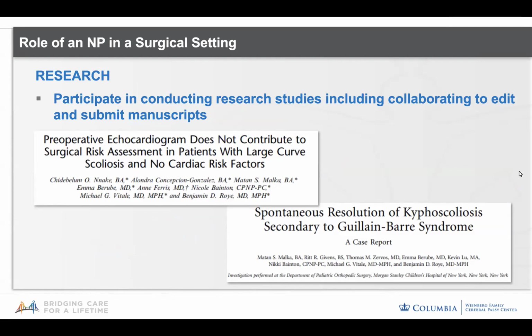So we've actually worked with cardiology to see if patients truly needed to see cardiology prior to some surgeries. And we found that some of the patients didn't really need to be seen. So we were saving them a visit. Obviously people with cardiology problems need to see them, but for some of our patients, we were trying to limit the number of extraneous things they need to do preoperatively to help limit that.